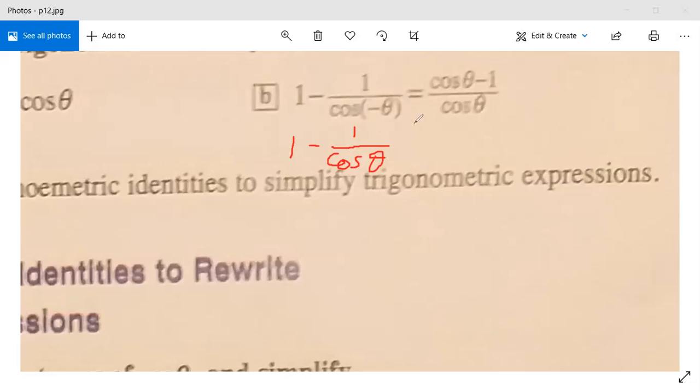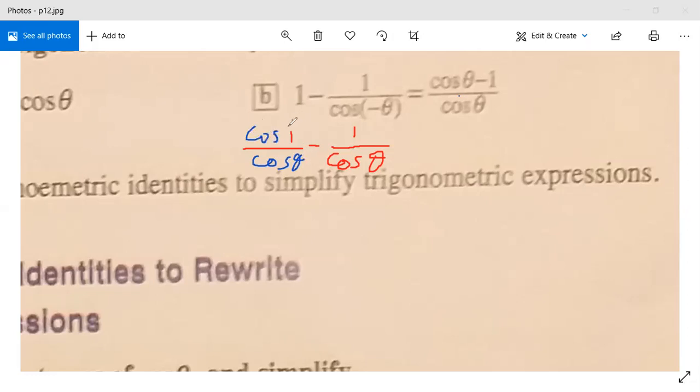Now, you have one fraction and you have a number. To make the same denominator, because you only have one, we multiply this one, numerator and denominator, by cosine theta, and divide by cosine theta.